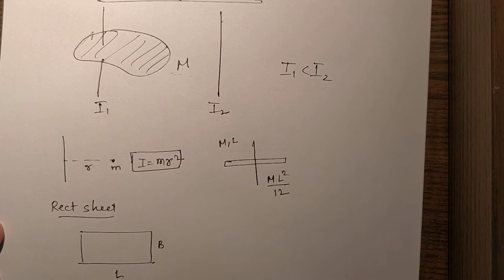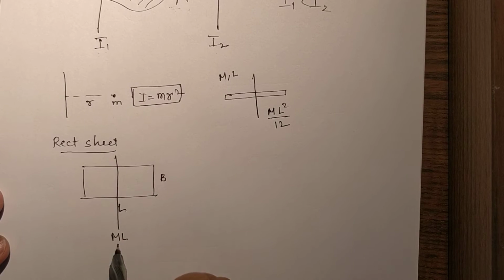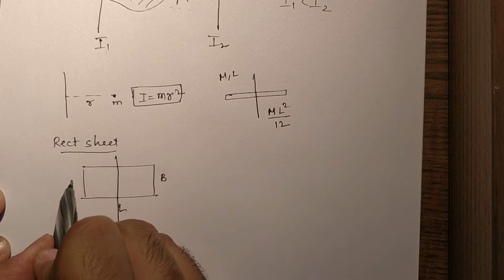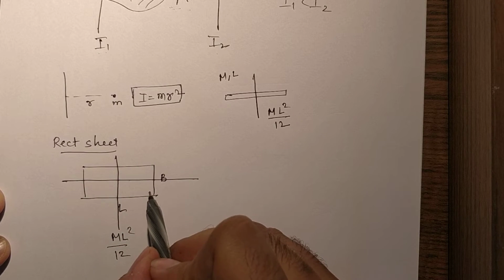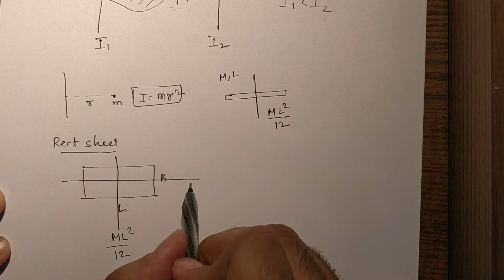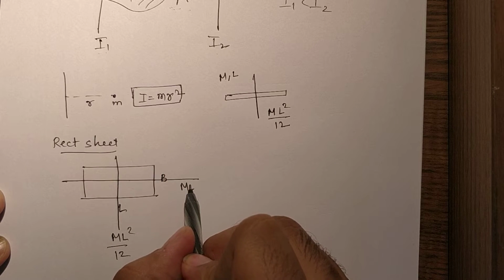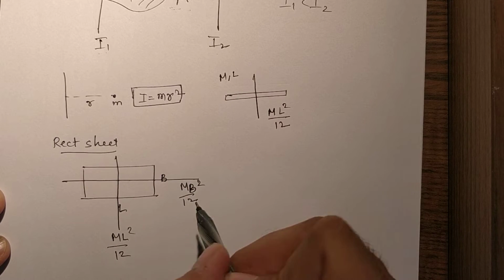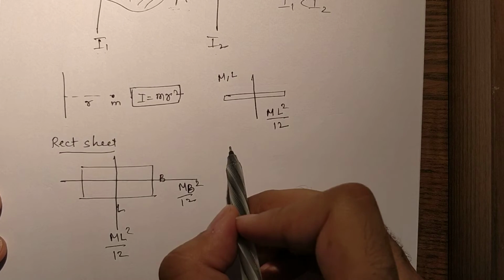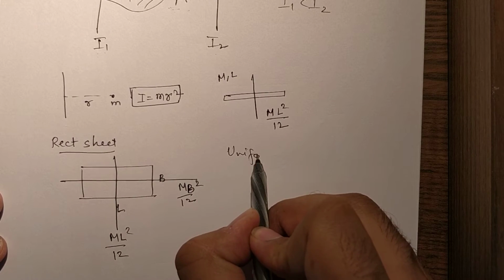If you take this axis, this looks like a rod of length l. So what will be its moment of inertia? It will be ml square by 12. Whereas if you take this axis, it is similar to a rod of length b. So its moment of inertia will be mb square by 12.